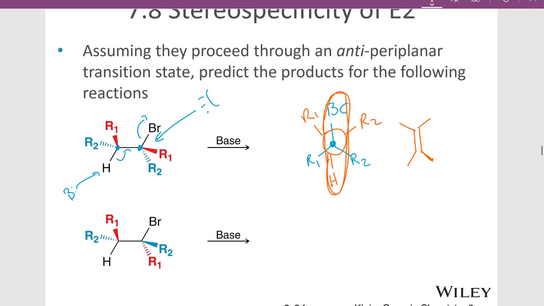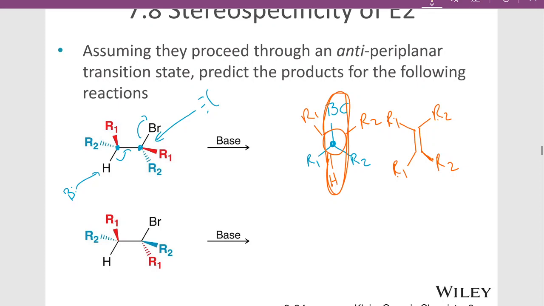Now I'm just going to stick the groups where they would have been located. So R2 on the lower right and upper right, R1 on the upper left and lower left.